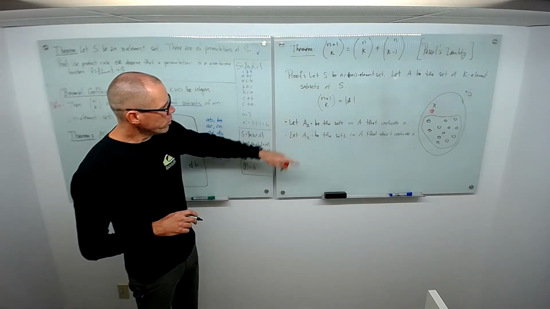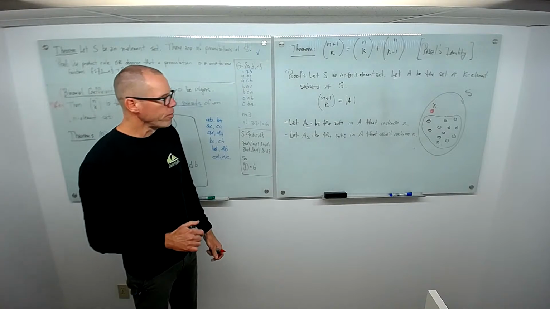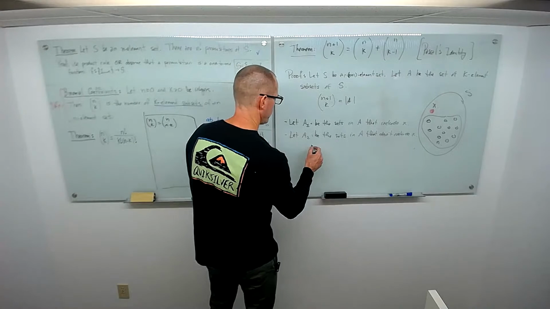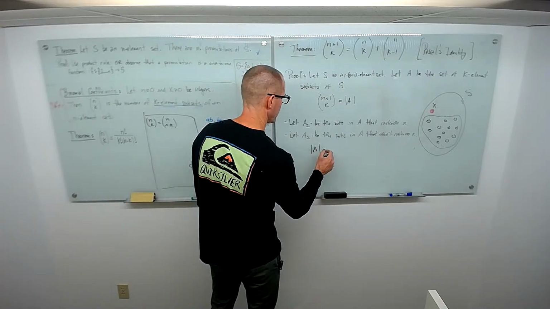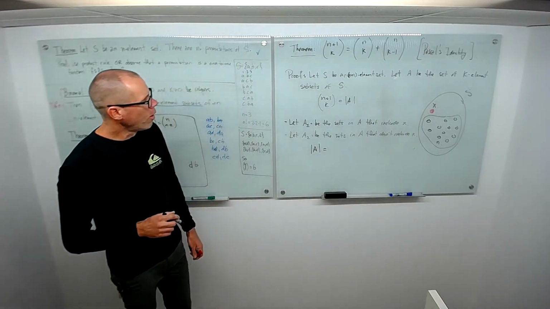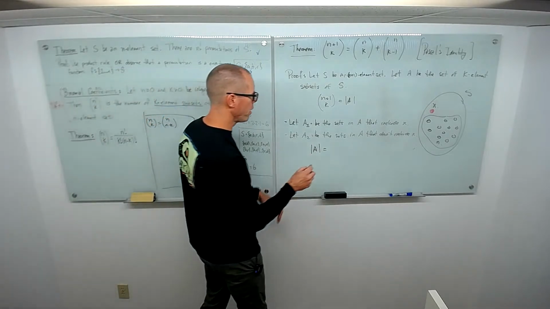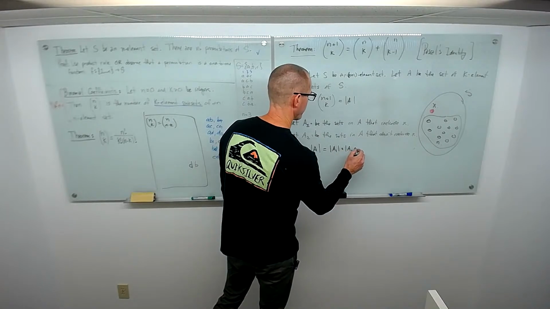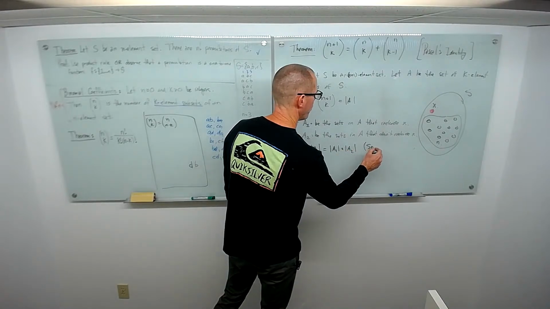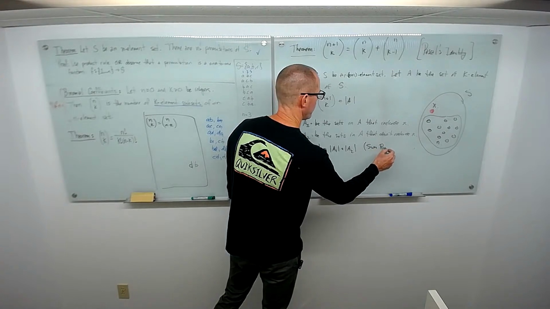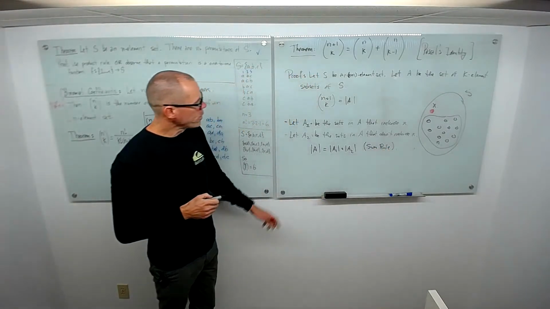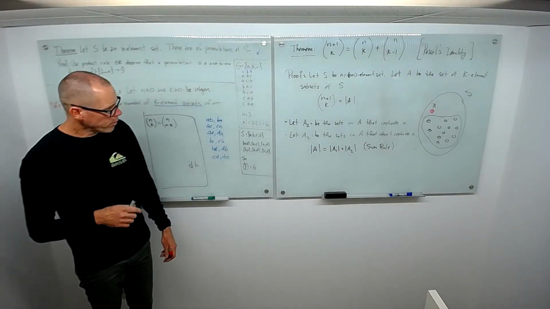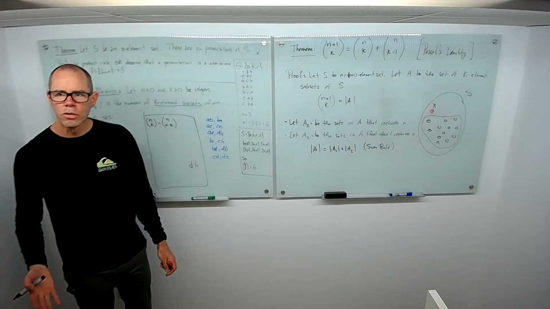A1 and A2 are disjoint, so the size of A, the set of all k-element subsets, is the size of A1 plus the size of A2. That's the sum rule, and we're allowed to use it because the sets in A1 contain X and the sets in A2 do not.